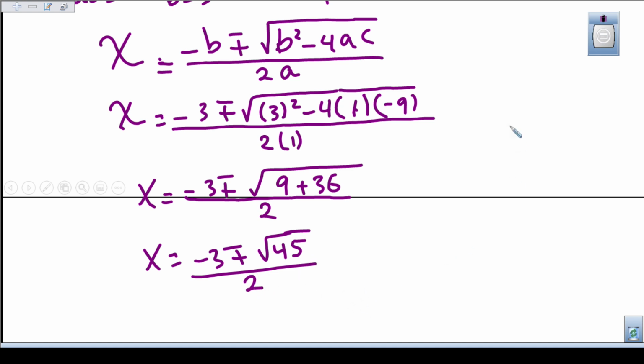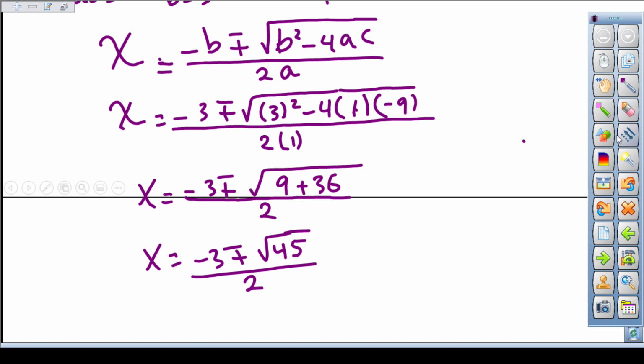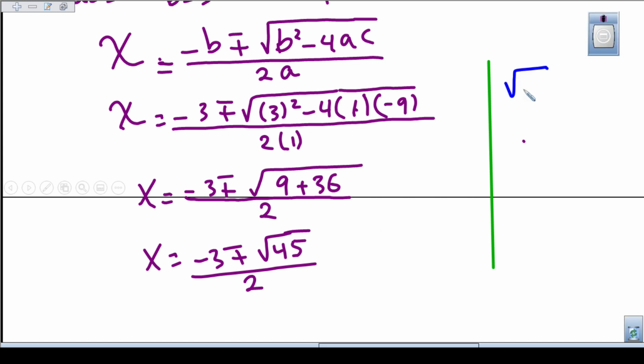Well, let's break the square root of 45 because I know there's something hidden there. You break it to its largest component, so you're looking for the biggest perfect square. It could be the 4, the 9, the 16. And it looks like I have a 9 here.